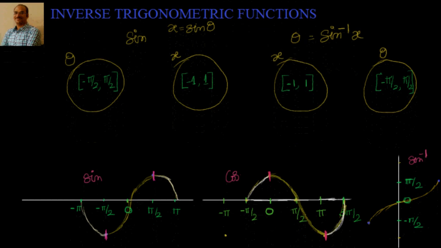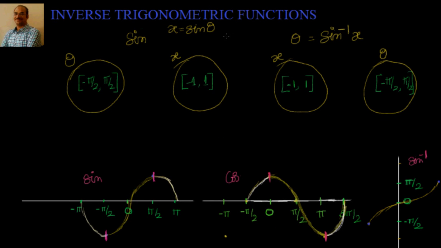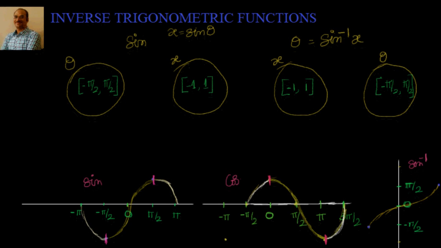If sine takes an angle theta as input, the output is a value, whereas sine inverse takes the value and gives the output angle. But remember it is always in the restricted domain, so we have to be very careful about that.